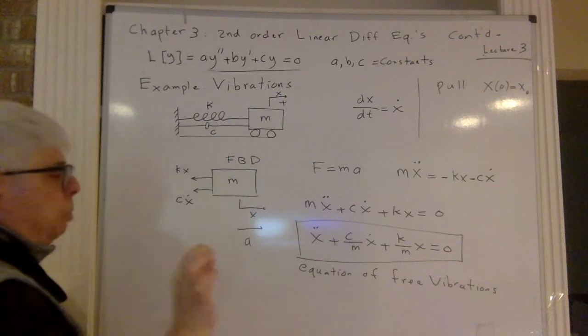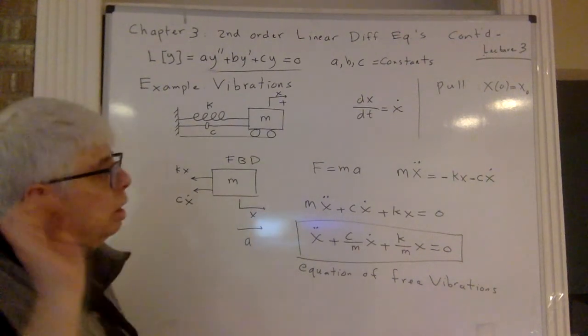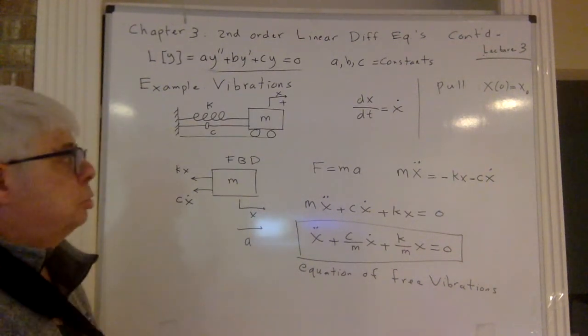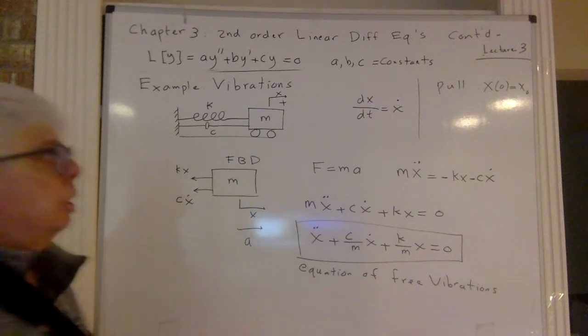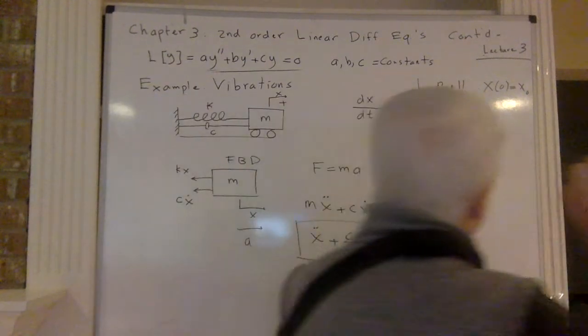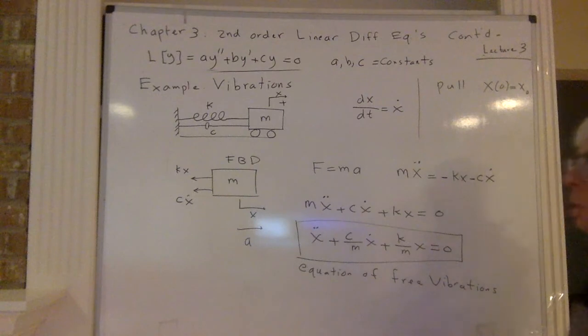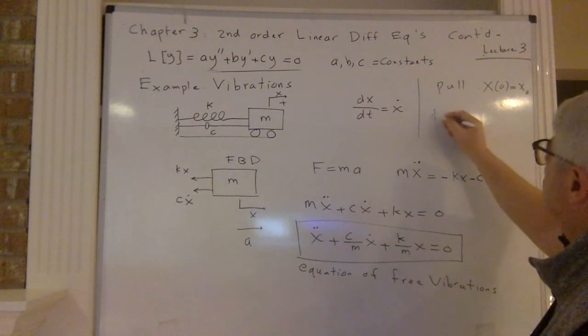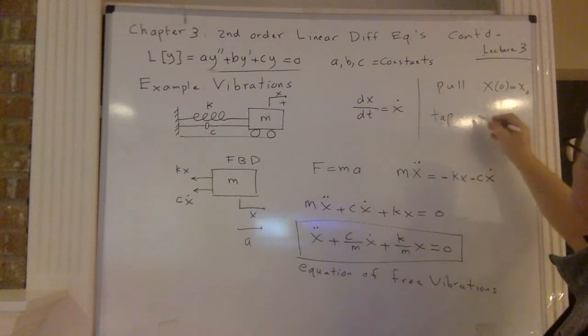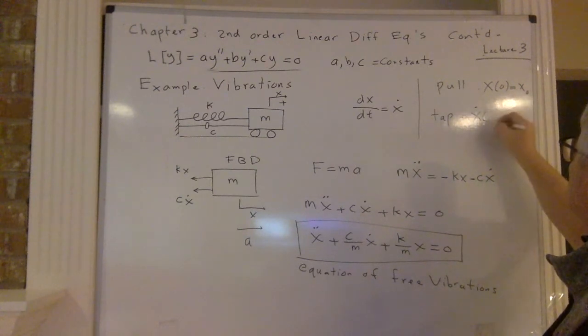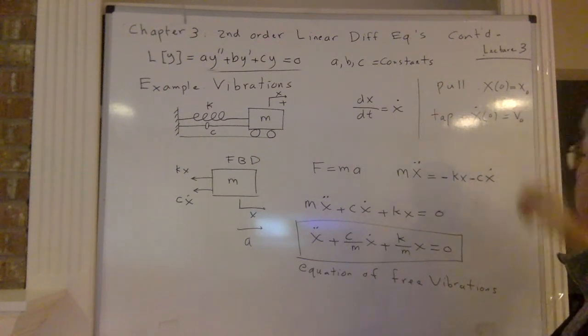A tap is an impact, right? Impact produces speed. So if I tap it, I am giving it initial velocity, and I will get x dot at 0 equal to v0.